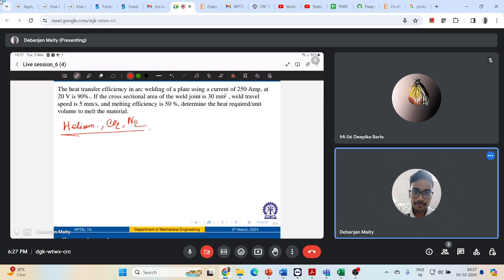Now, if you are using helium, the weld penetration will be higher. Those are a few characteristics of those gas aspects.